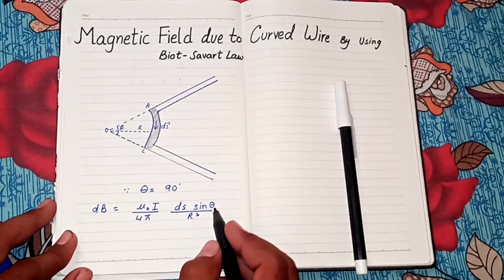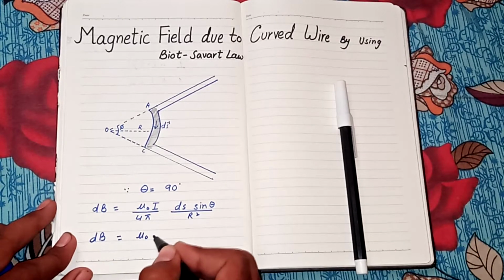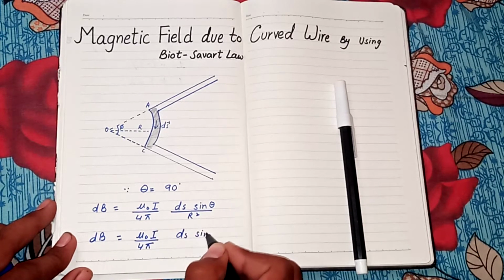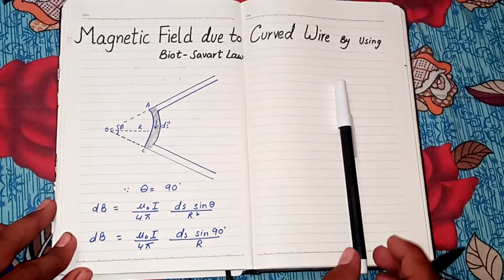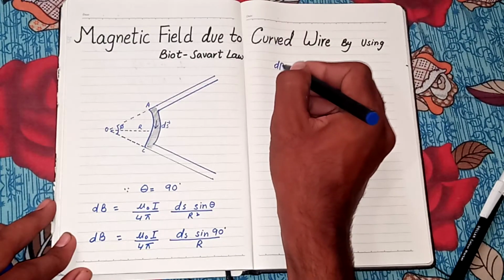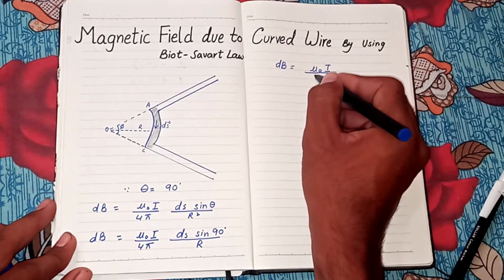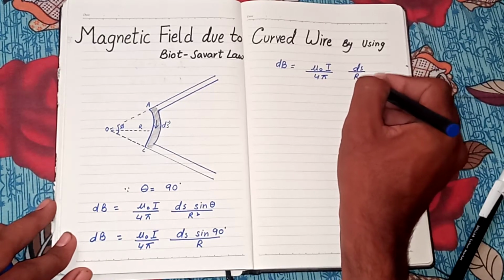Now we put theta equals 90 degree and our equation becomes dB equals mu naught I upon 4 pi ds sin 90 degree upon r square. We know that sin 90 equals 1. Thus our equation becomes dB equals mu naught I upon 4 pi ds upon r square.